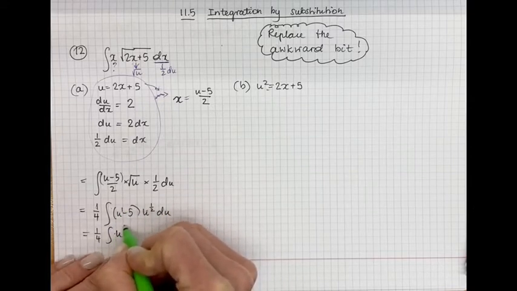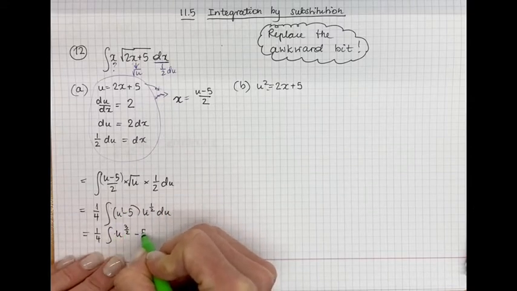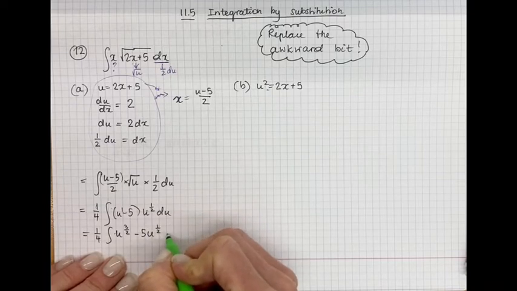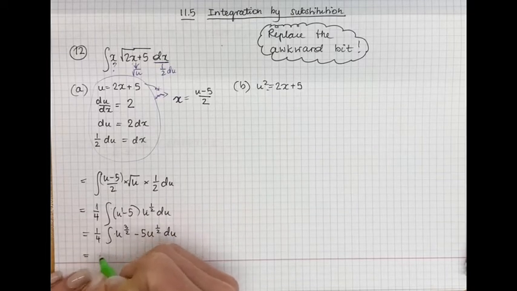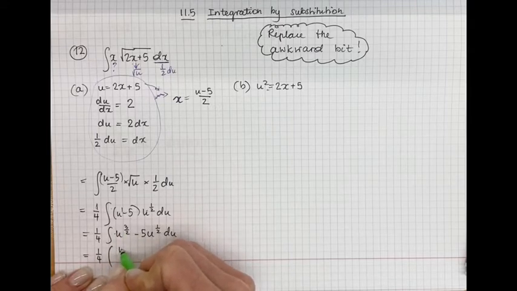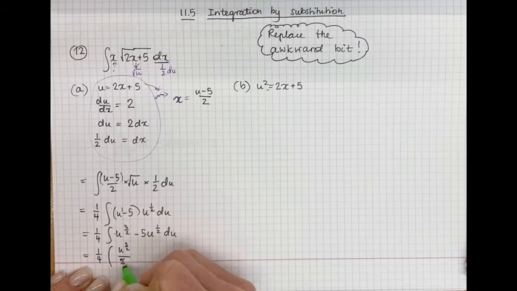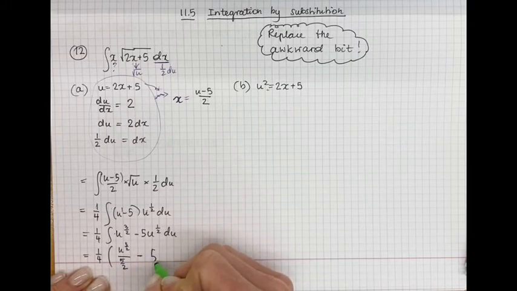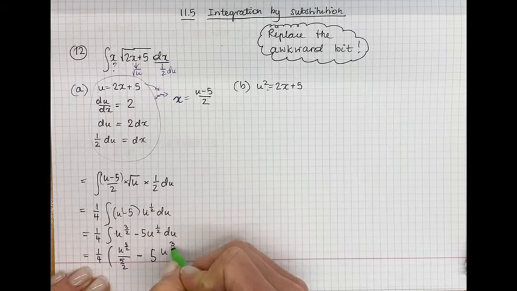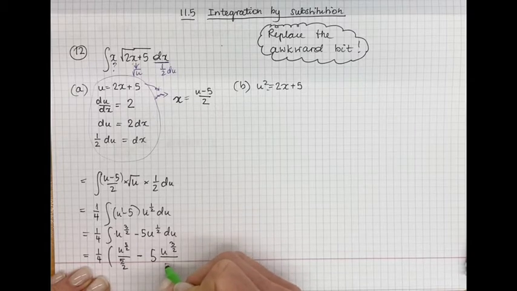So it's u to the power of 3 over 2 minus 5 u to the power of a half du. Now I'm going to integrate. So add 1 to the power, divide by that power, and then this one, add 1 to the power, so it's 3 over 2, divide by that power.